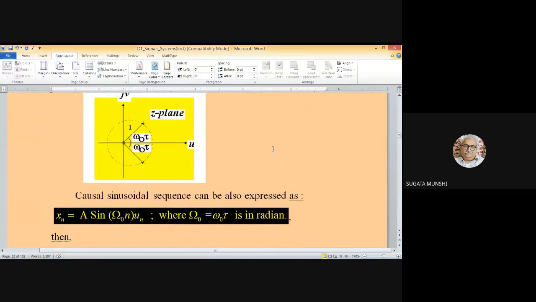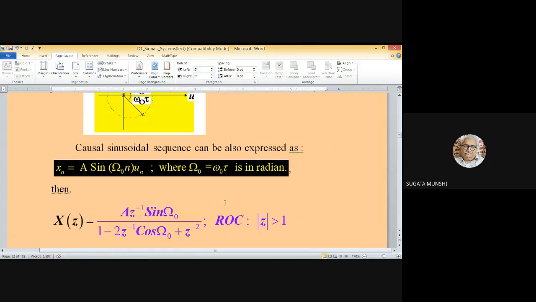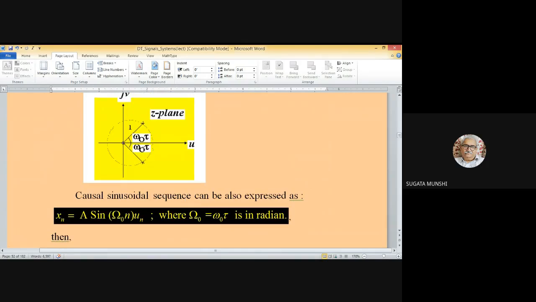Just see here, this is a sinusoidal sequence. So what's the region of convergence? Magnitude of z greater than 1. All right. Where are the poles located? Here. One with magnitude one and argument plus minus omega naught. So one is lying there, another is lying here.